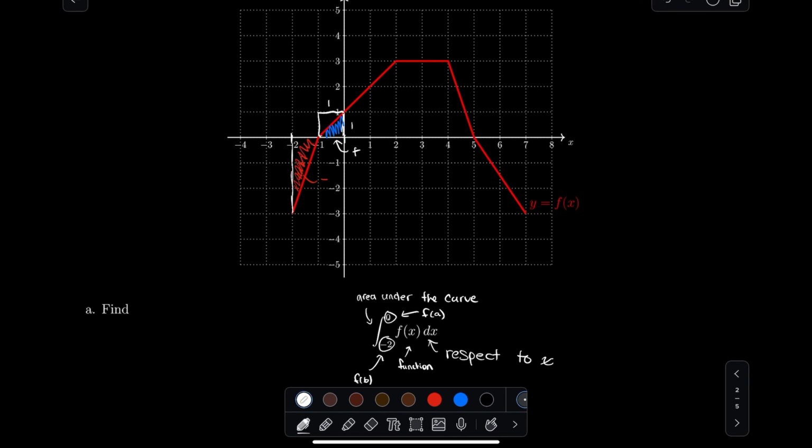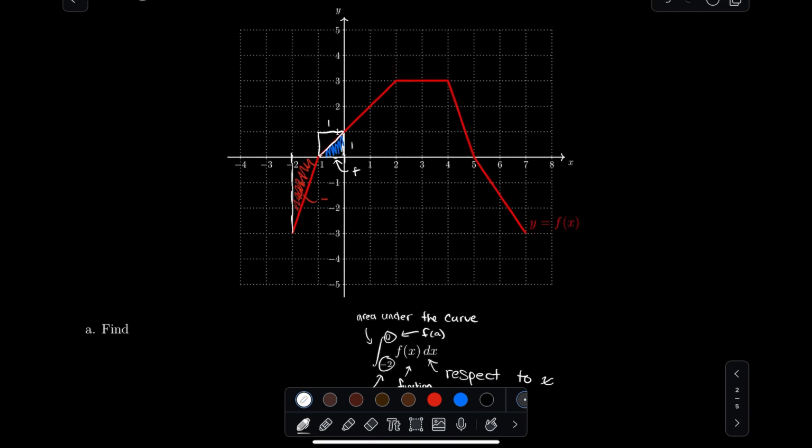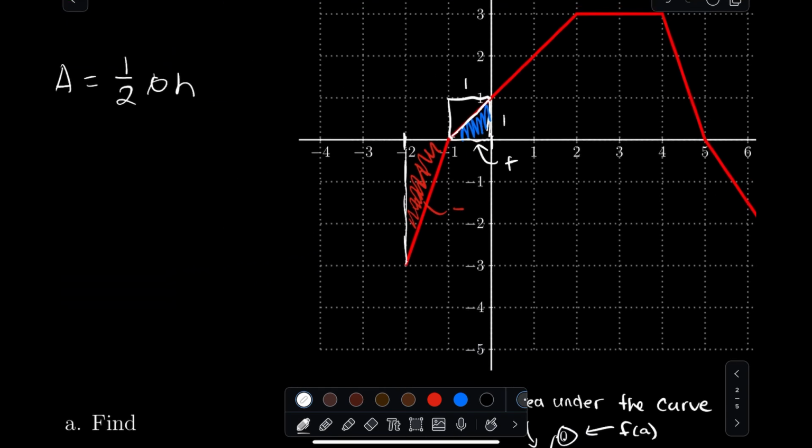Sometimes they teach you in school that this right here is a triangle, right? So you have a base and a height, and to calculate the area of a triangle, it's 1/2 base times height. Or a lot of the times, you can calculate this too.